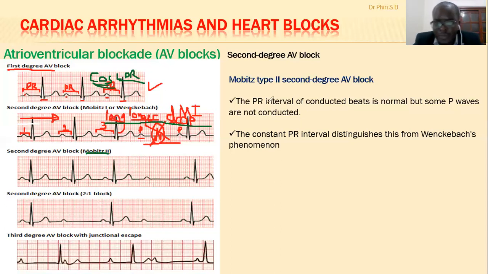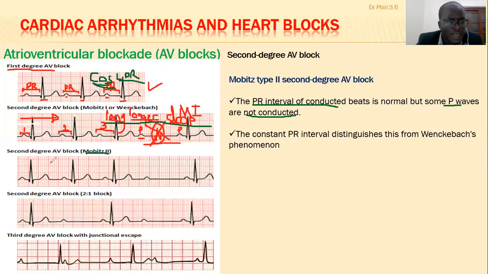But now, how can you differentiate it from Mobitz type 2, second degree AV block? So the PR interval of conducted beats is normal, but some P waves are not conducted. So this is how you differentiate the two.